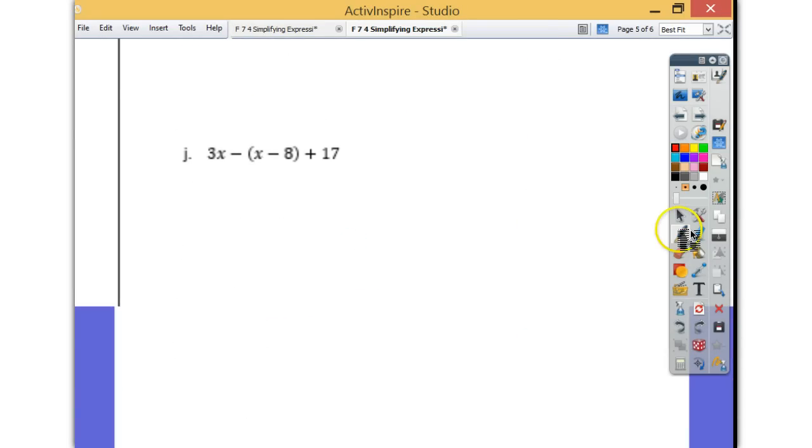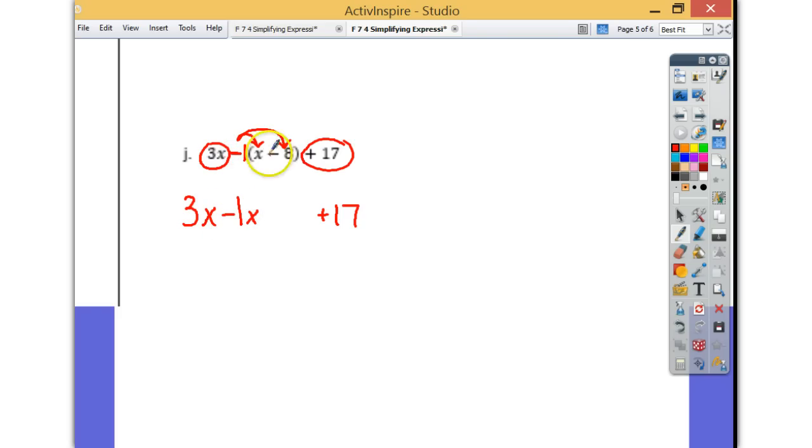And your final problem in the notes for today, letter J. Again, don't forget, we're not taking 3x and distributing it. It's that negative assumed 1, right? This 3x just comes straight down here. This 17, that'll be plus 17, bring that down here. Now let's distribute and get rid of the parentheses. A negative 1 times x, negative 1x.